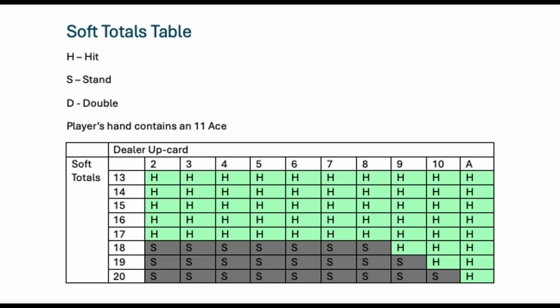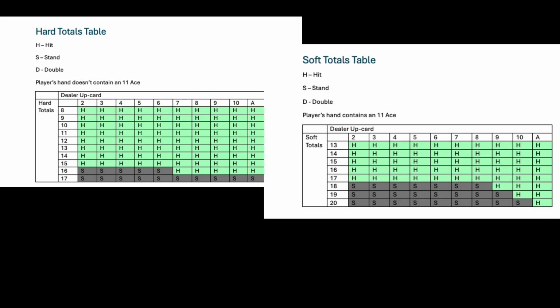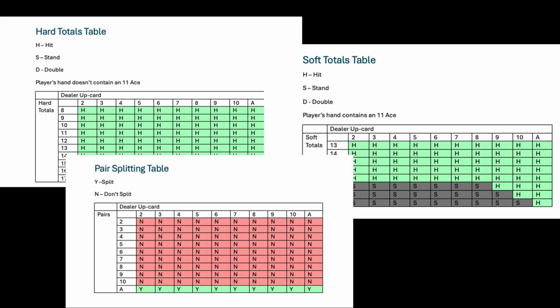The second table is the soft totals table, where the player's hand includes an ace counted as 11. The third table is the pairs table, which instructs the simulator on which pairs I want them to split on. These tables will instruct my simulated player on what to do in every single situation.